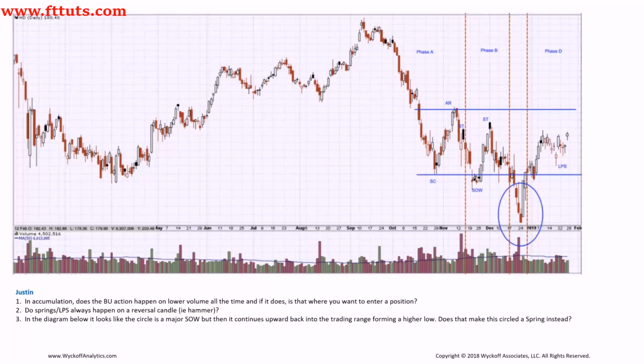A spring could be confused for a sign of weakness here if we look at the horizontal structure, because the commitment below is quite significant. There are 1, 2, 3 closes below the area of the support, actually the support cluster here. So that view might not be the most favorable.